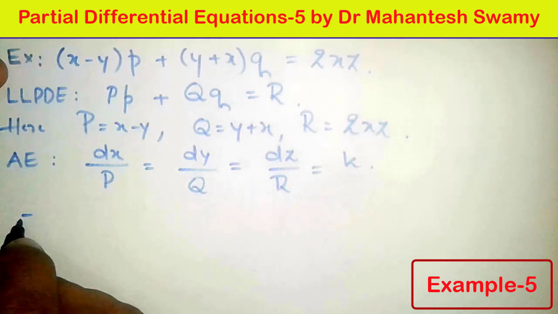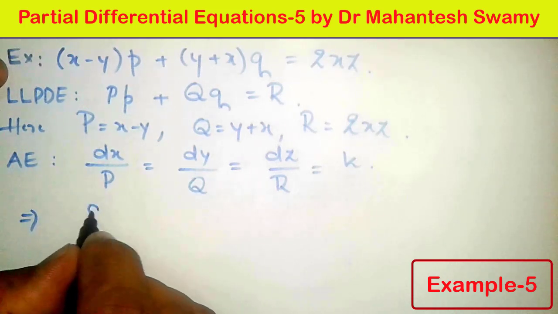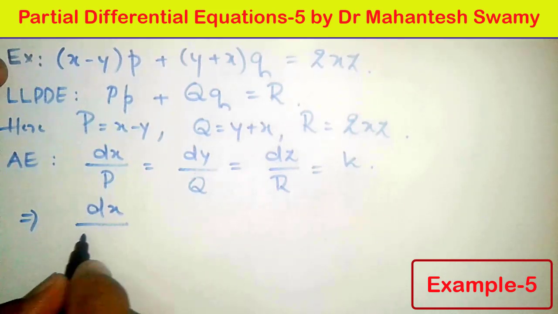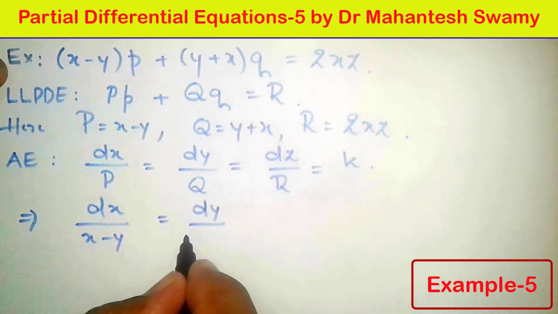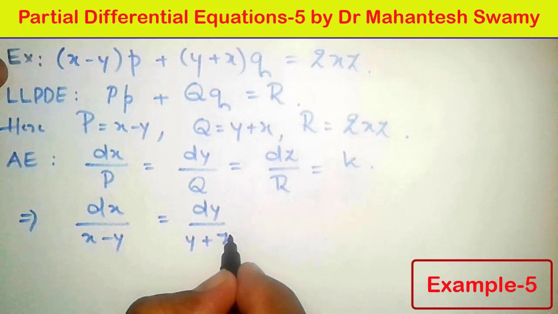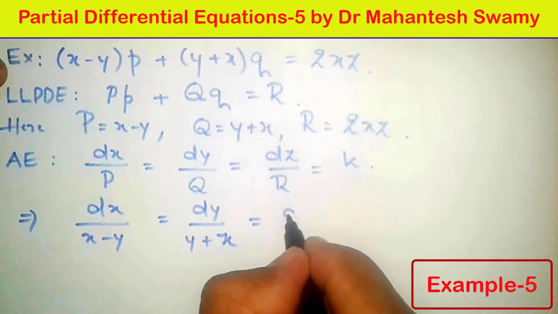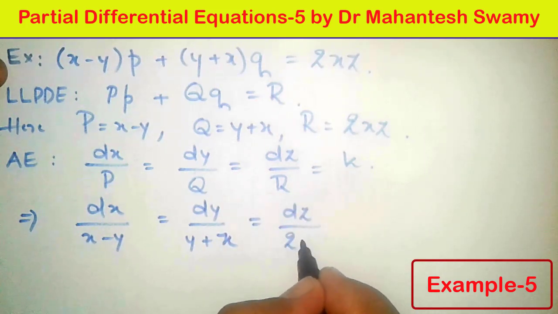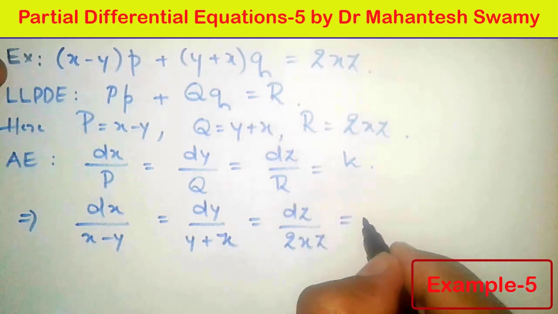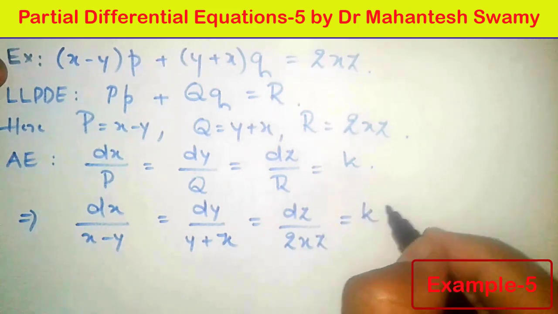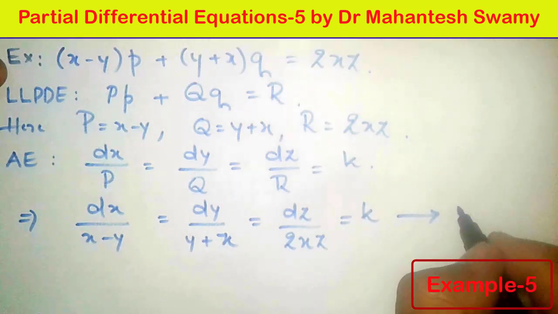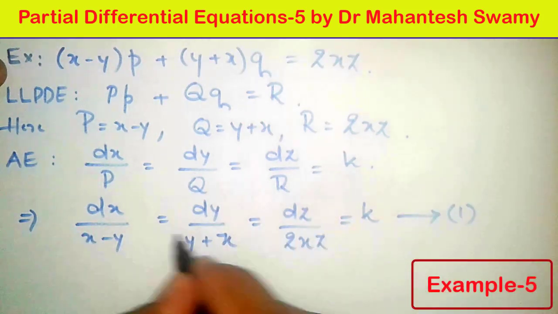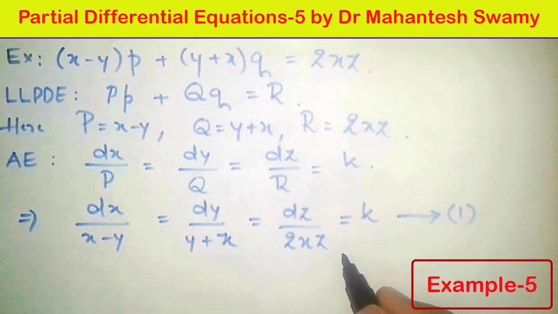And now let us write down the values of P, Q and R. That is x minus y here, and the value of Q is y plus z, sorry, y plus x, that is equal to dz divided by 2xz, and the value on RHS of the above equation is 1. Therefore we are keeping k as it is, and this we are calling it as 1, and this one now represents the auxiliary equations.